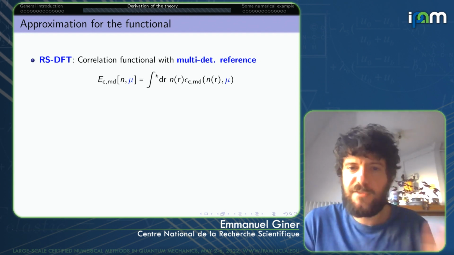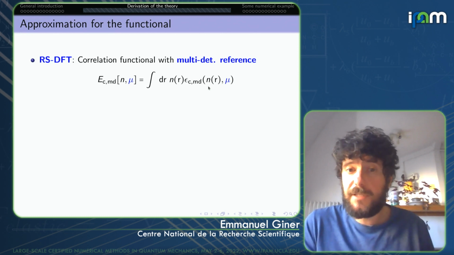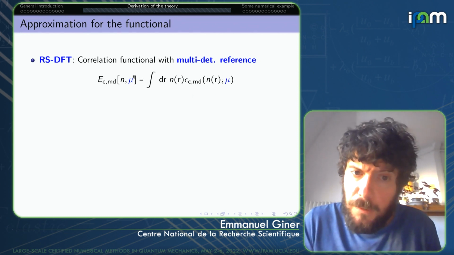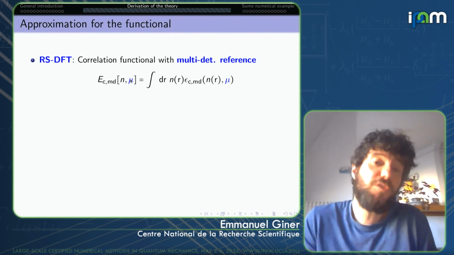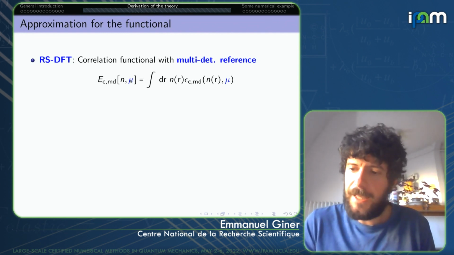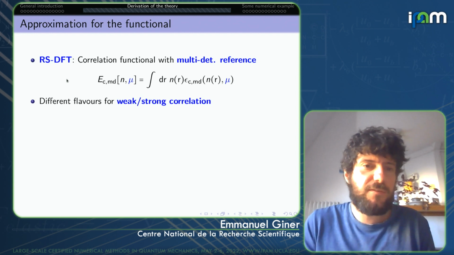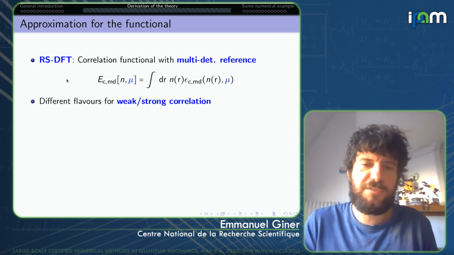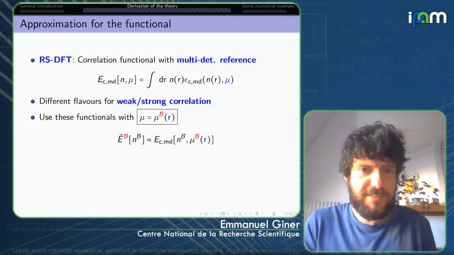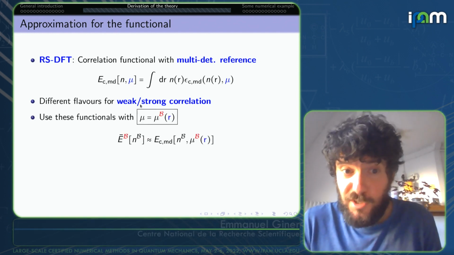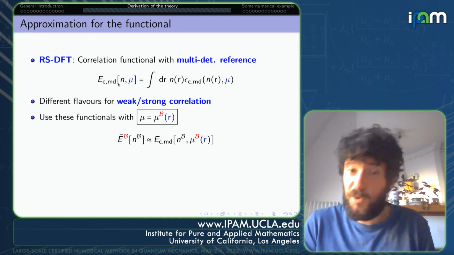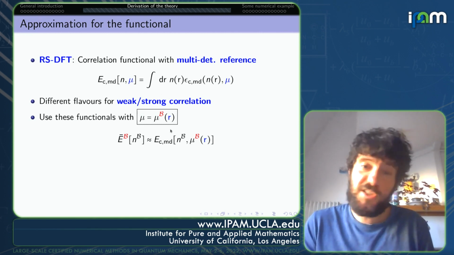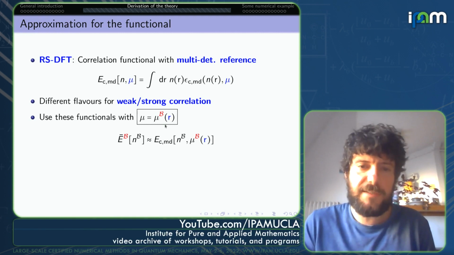But eventually, it's a functional that depends on the density, okay, just as the usual functional. And that now depends on this range separation parameter mu because you're doing range-separated DFT. There are different flavors of these functionals. I will not enter into details, but the idea is that we are going to use these functionals, but the range separation parameter will be the range separation parameter of the basis set.